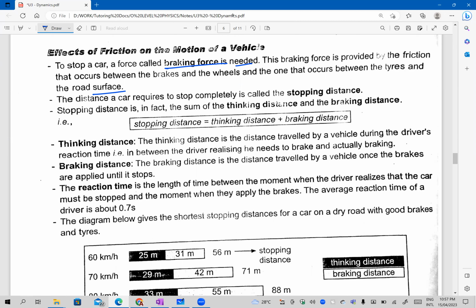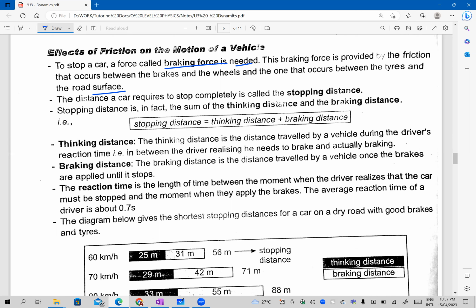For example, if you're driving on a road and you observe a car accident in front of you, you won't immediately apply the brakes. There's going to be thinking distance involved. The time you will take to react to that occurrence, the time you're going to take to understand what's exactly happening and decide what to do, when to apply the brakes, right?